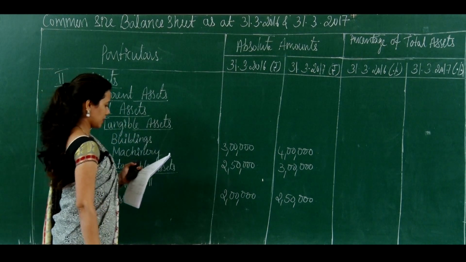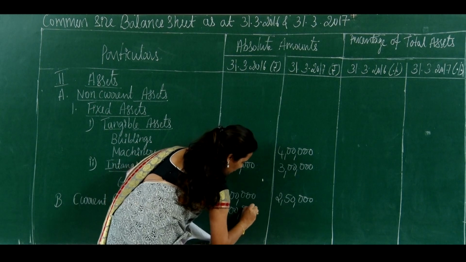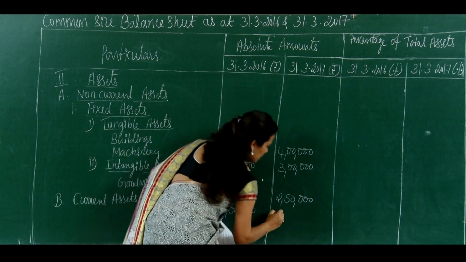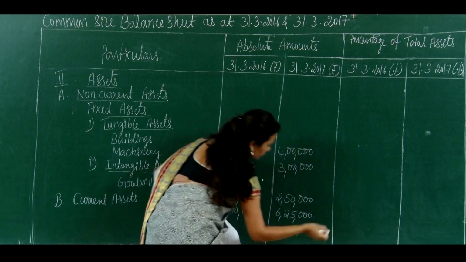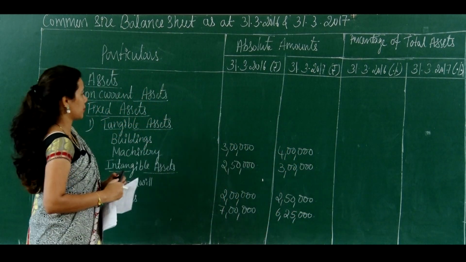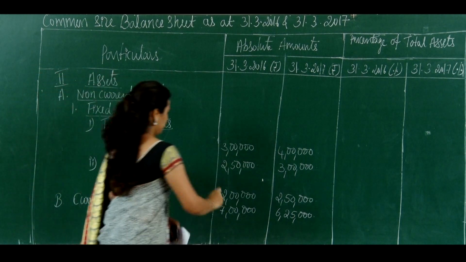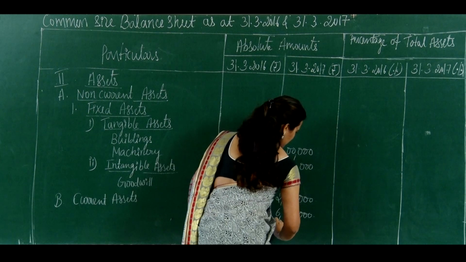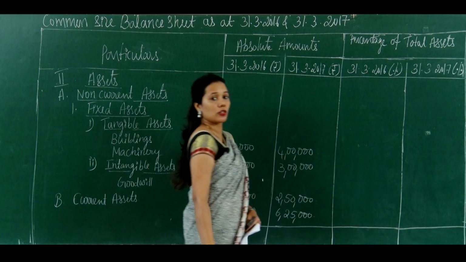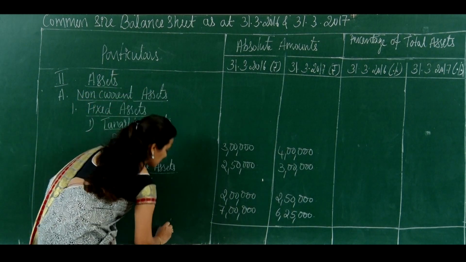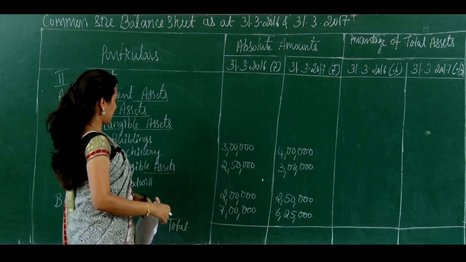Second one is current assets. First year 7 lakhs and the next year 6,25,000. So, we recorded all the assets, finally total assets. Assets should be equal to liabilities. So, total one by one.